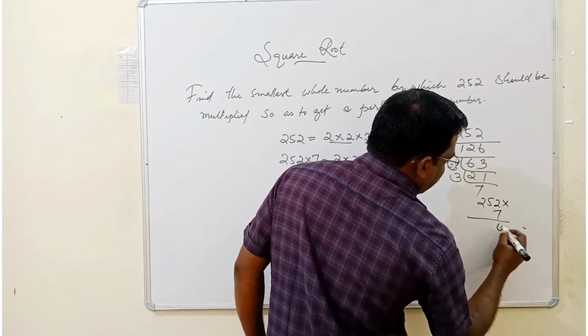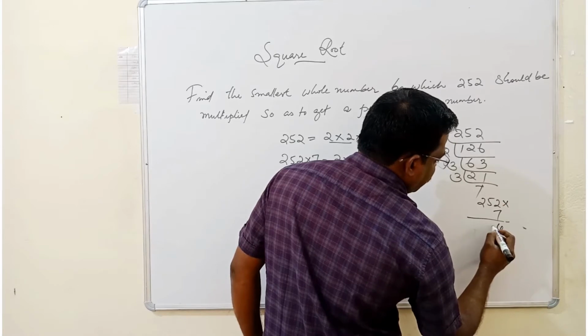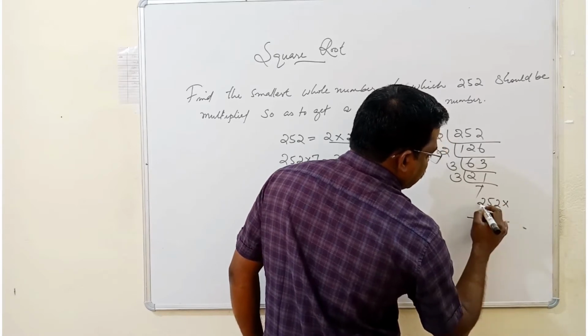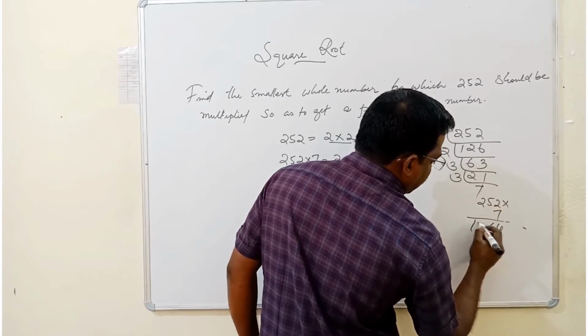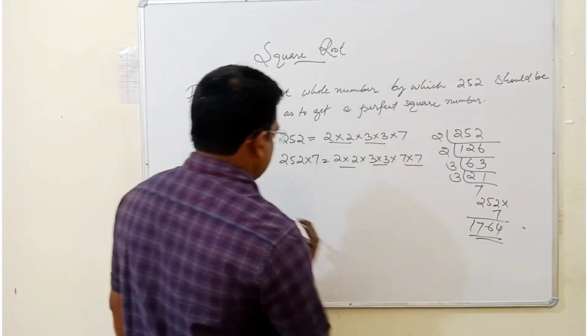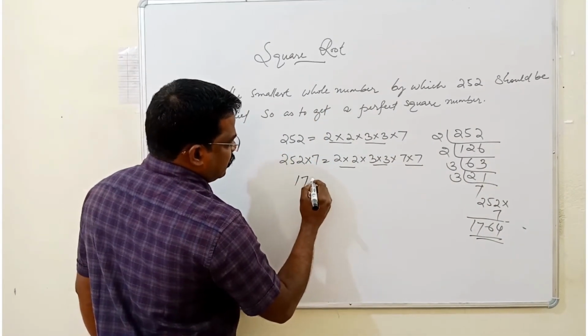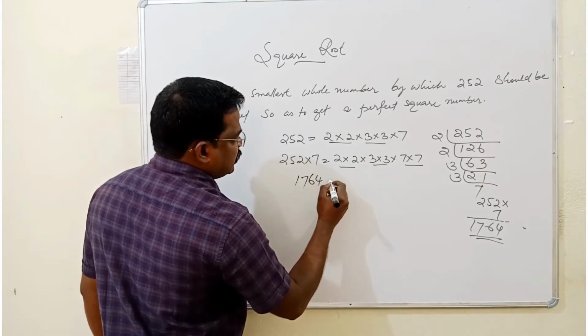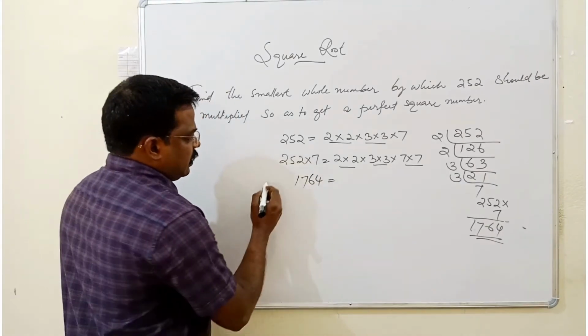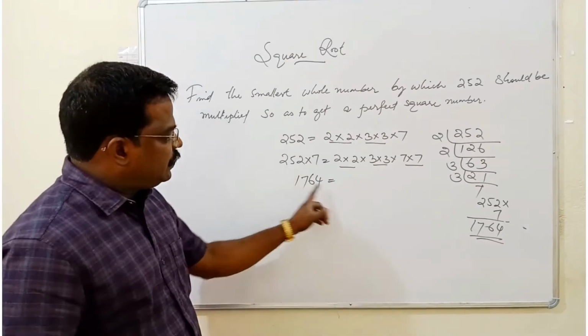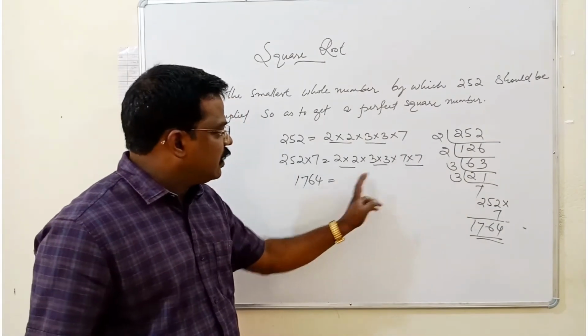7 2s are 14, 7 5s are 35, 36 and 17. So 252 into 7 you will get 1764. Okay, so when we factorize this, we will get one more 7.